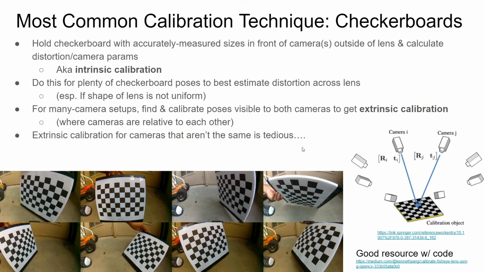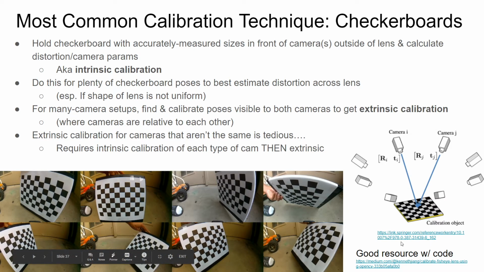When the cameras are not the same, like if you have different types of lenses for each of these cameras, maybe one of them is a phone camera, maybe one of them is a really expensive camera, like one that you would normally take high quality pictures with, and maybe the other one is just a HoloLens camera, which is really low resolution, that makes it much harder. In this case, what you would have to do is do the intrinsic calibration for each type of camera and then the extrinsic calibration.